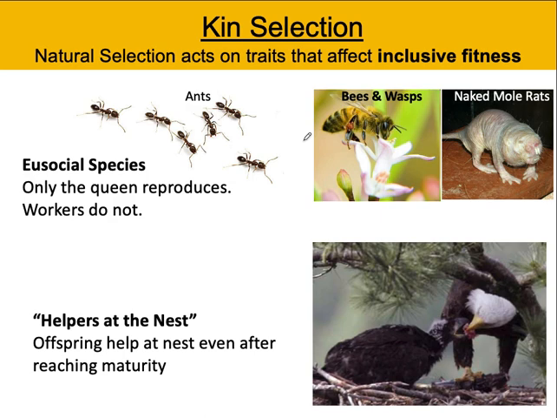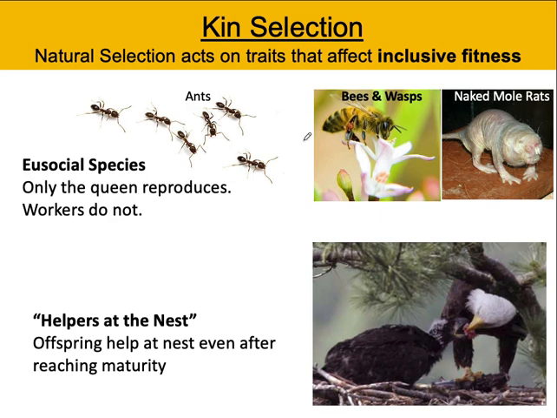There's another example of, quote, helpers at the nest, like in birds, where an offspring helps at the nest even after it reaches maturity. And again, that's because it's increasing its own fitness because it shares genes in common with its sibling.